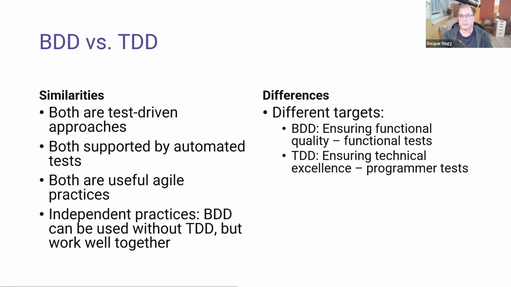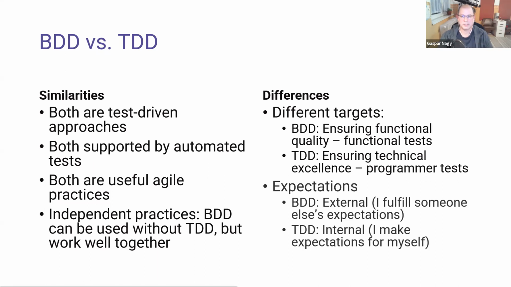Test-driven development, on the other hand, is primarily about ensuring technical excellence, so that what you are writing is really behaving how you wanted it to behave. So they are programmer tests from that perspective. Of course, sometimes they are also checking the functionality, but they are primarily testing whether your technical implementation is properly working.